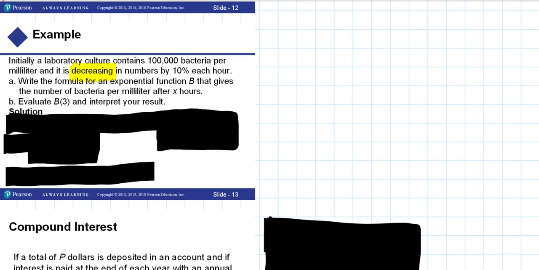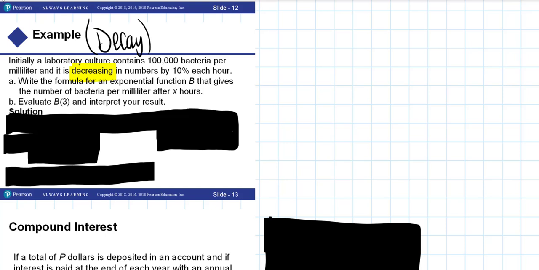So you've got this word problem here. A lab culture, meaning like a little sample, has 100,000 bacteria per milliliter, and it's decreasing. Okay, so I'm just going to write decay. Like maybe the bacteria are dying off by 10% each hour. Okay, so first we need to write the formula for the exponential that represents this scenario.